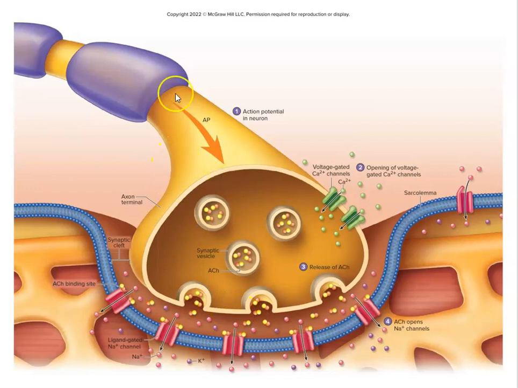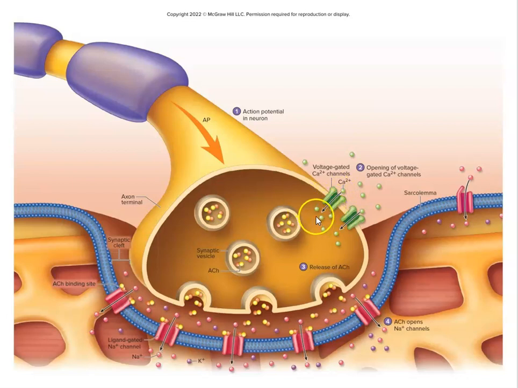So, putting it together, here we are at the neuromuscular junction, our action potential traveling down. When it reaches the end, or the axon terminal, it's going to cause these voltage-gated calcium channels to open up.